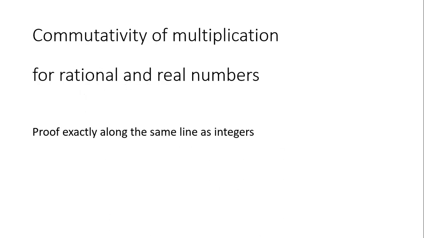And then the proof is exactly along the same line. Wherever you see m, you replace it by a. Wherever you see n, you replace it by b, and that's it.